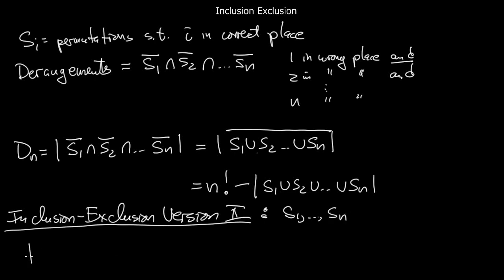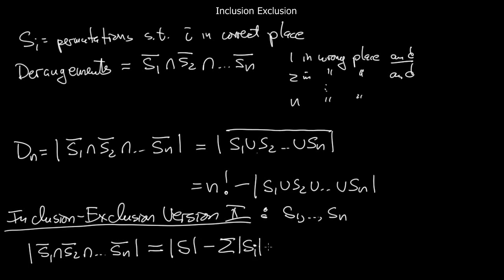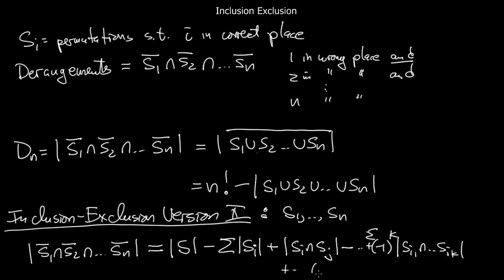It says that if you have a bunch of sets S1 through Sn, then the order of the intersection of the complements is the order of S, which I forgot to say these subsets are all a subset of a given set S. It's the order of S minus the sum of the order of the Si's, plus the sum of the order of intersections of pairs, and so on, down to plus or minus the order of the intersection of k of them, all the way down to minus 1 to the n times the order of the intersection of all n.